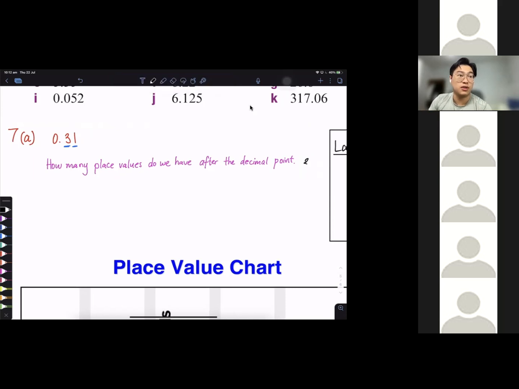So if we have a look, yes, you can, Ezra. Sorry, I didn't see your message. The number of place values tells us how many zeros we need.